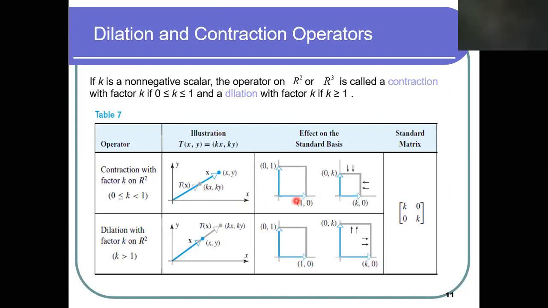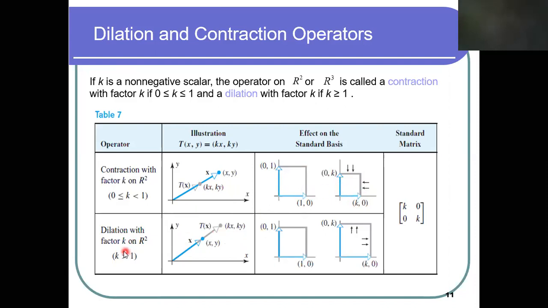And if you apply 1 0 in this transformation, you will get k 0. If k is between 0 and 1, the square will be reduced in length and will shrink. So we can say this is just a contraction of one square into another square with its area decreased.